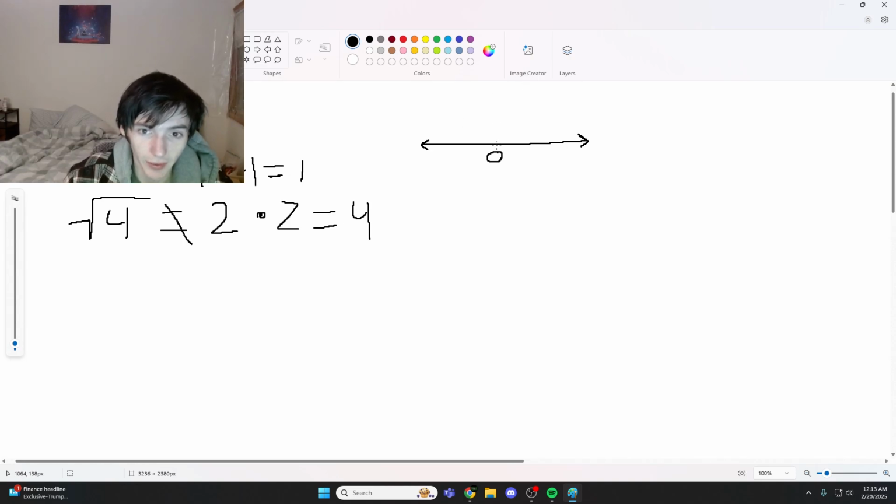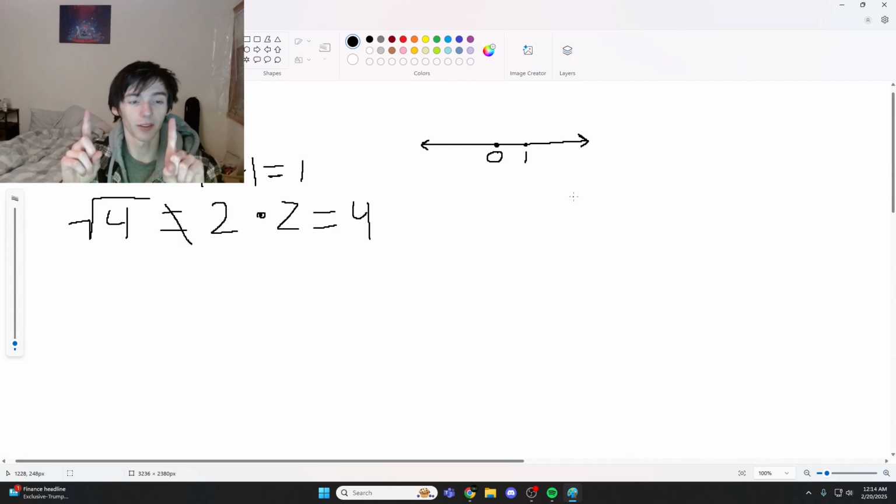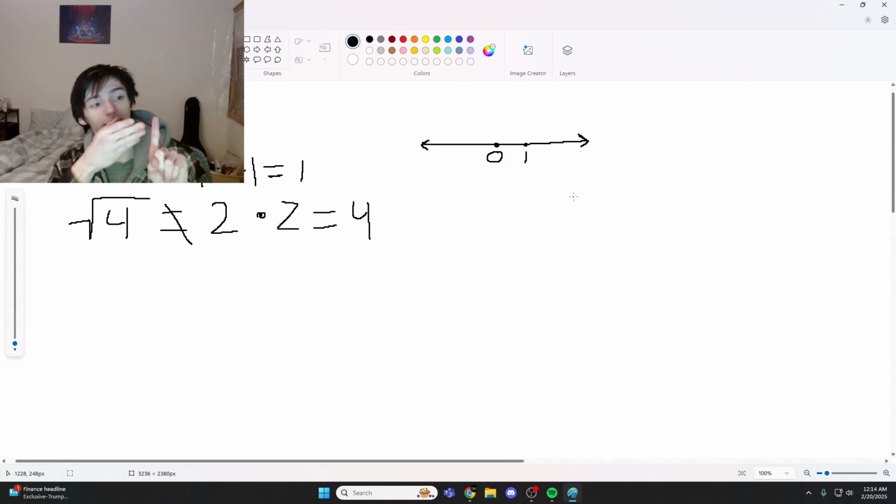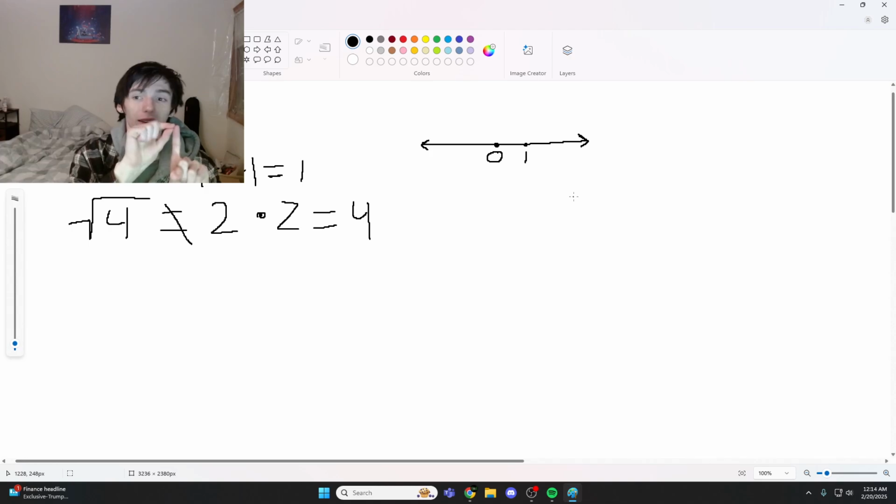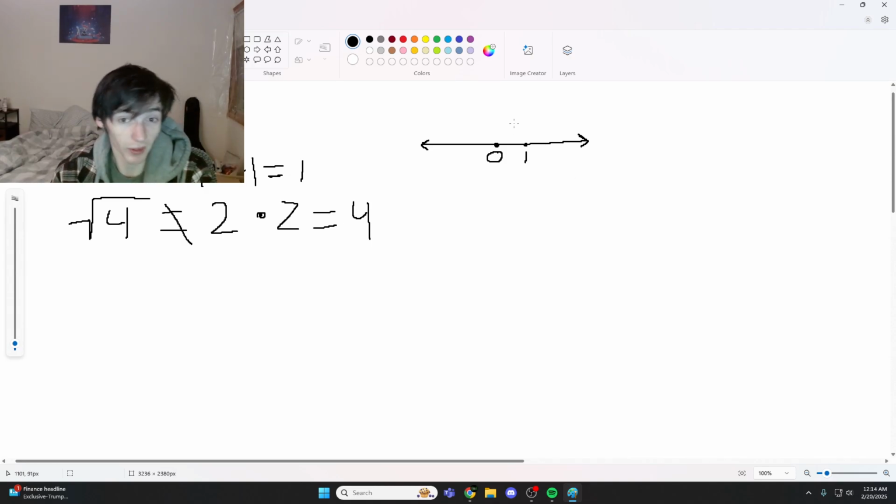If I have 2 fingers, I could say they're 1 distance apart, but I would have to choose one of them to be 0, and then go 1 away from it. So you arbitrarily choose something. But let's just say this point right here is our origin. That is 0.